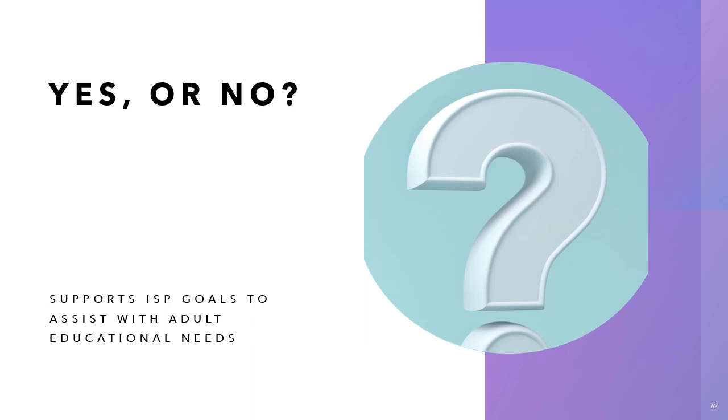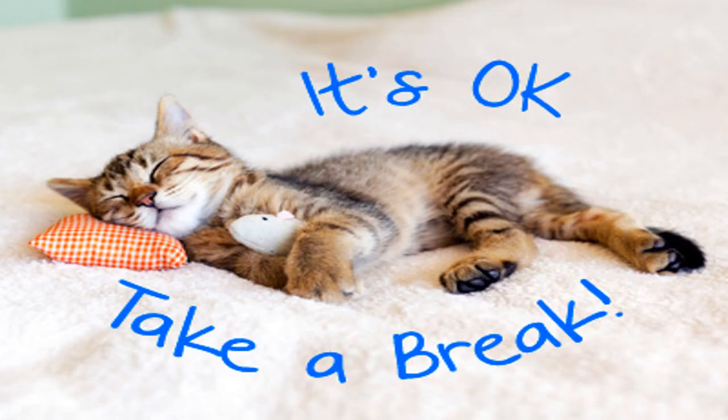Supports ISP goals to assist with adult educational needs? No. As stated previously, Jane is a high school and college graduate, and she currently does not desire to pursue any further education. This is a good time to take a break.